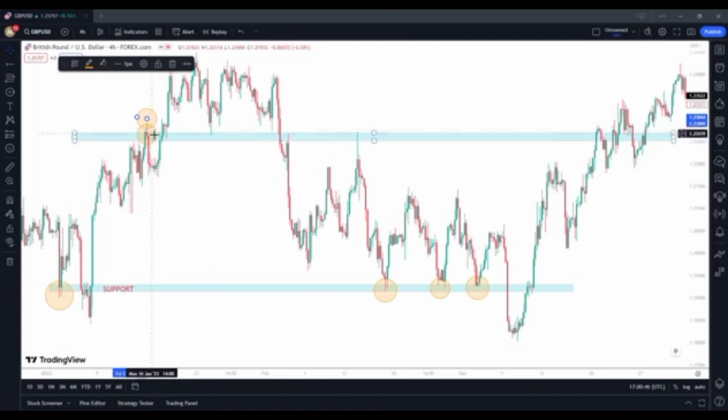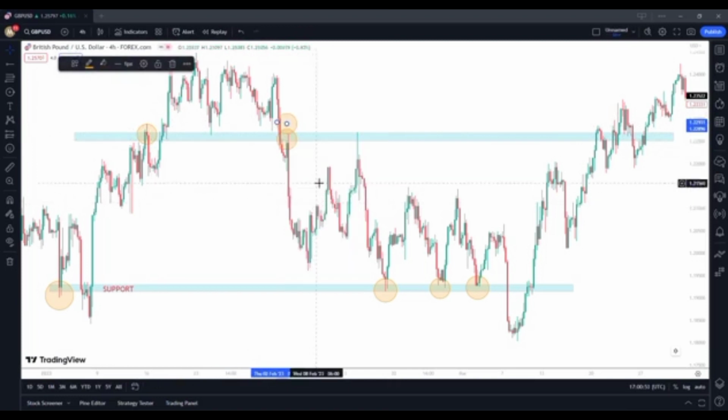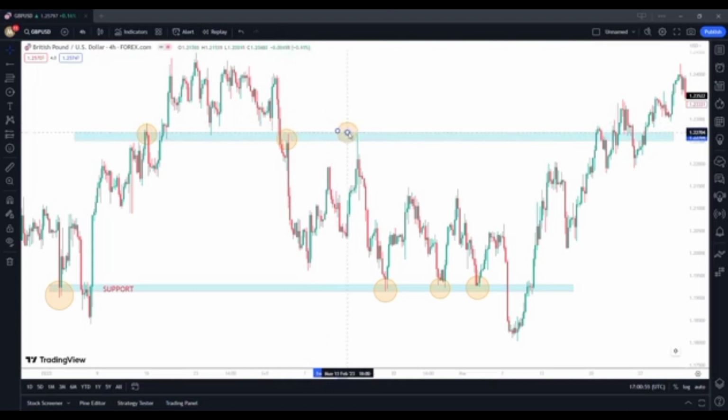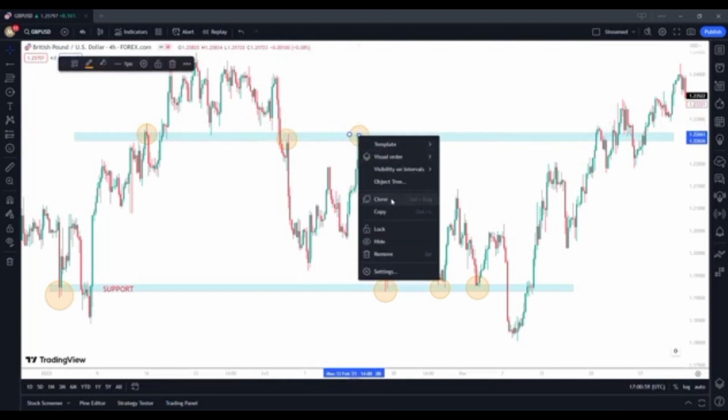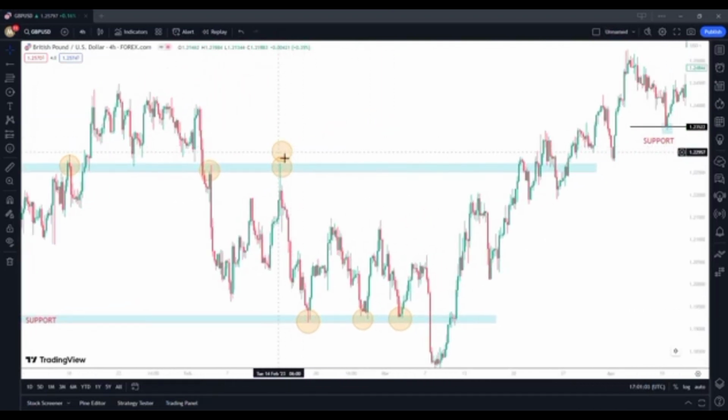So this is for the resistance. We have the first touch here. The market got to the place and rejected. Should we clone it, or should we just make that zone a single zone? Okay, let's clone this. So this is another touch.